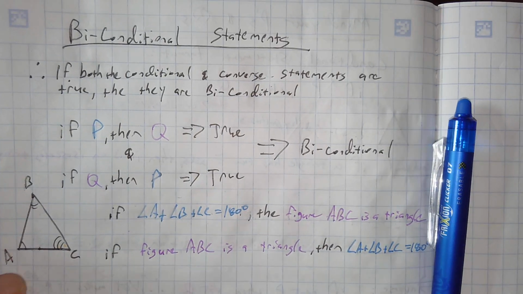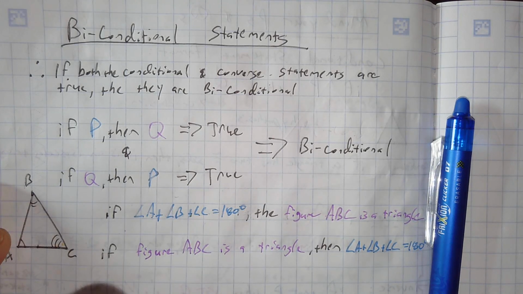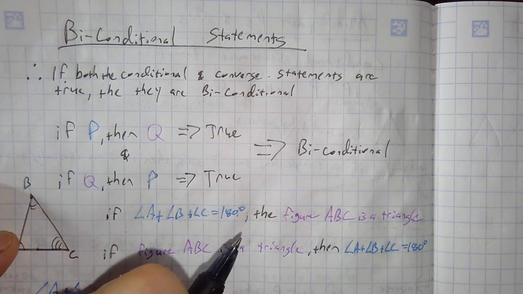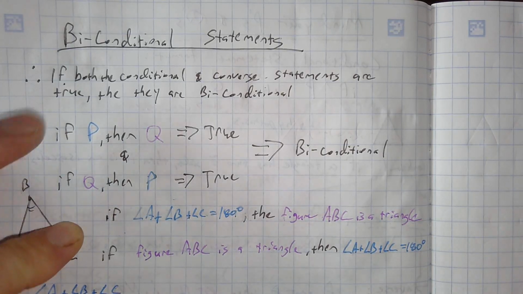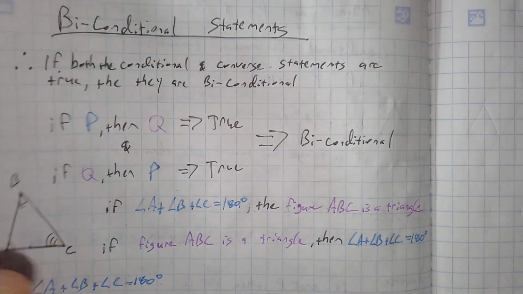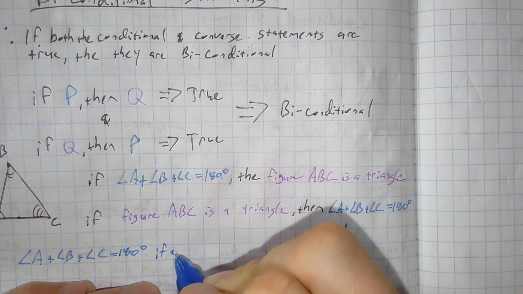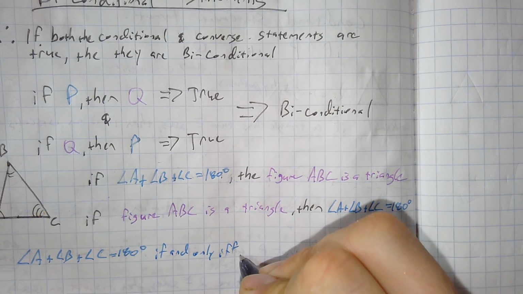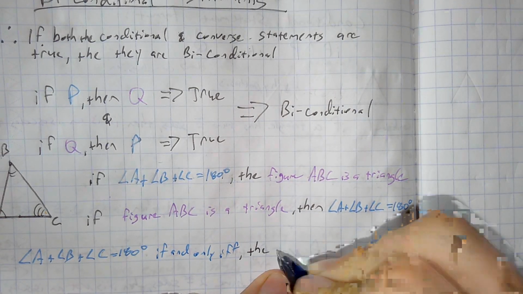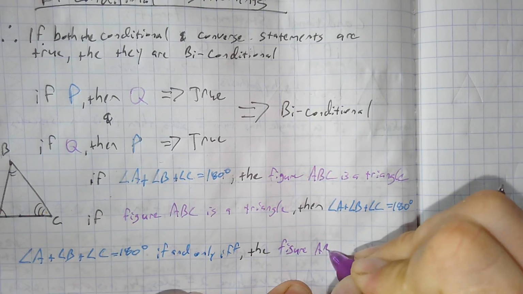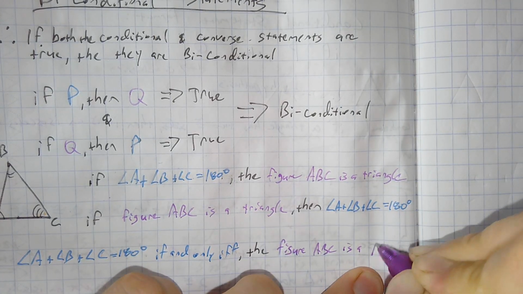Because this is biconditional, I can now say angle A plus angle B plus angle C equals 180 degrees, or the sum of the interior angles of a figure equal 180 degrees, if and only if the figure ABC is a triangle.